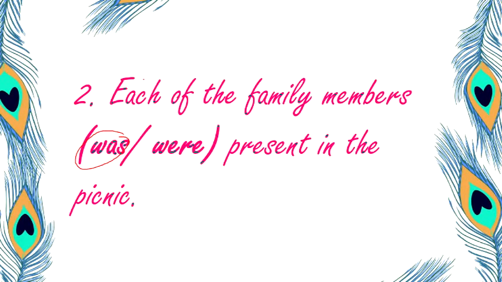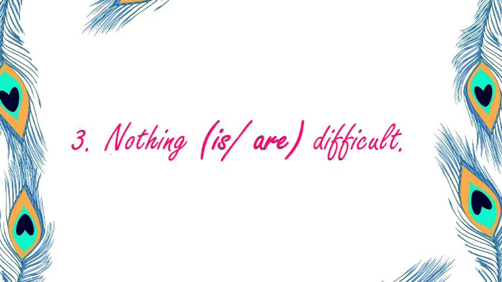So everyone is taken as a singular subject. So remember, you can also refer to the video of subject-verb agreement on the channel if you want to have a recap. So the word each is taken as singular and accordingly singular verb should come. Each of the family members was present in the picnic.